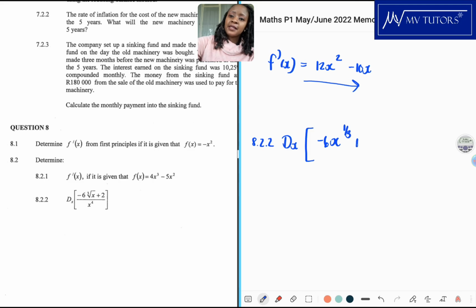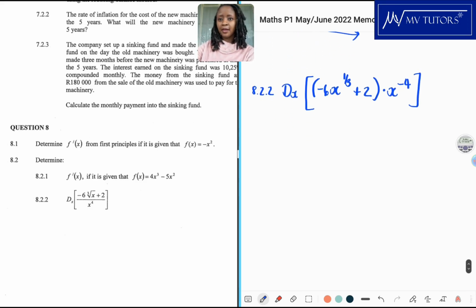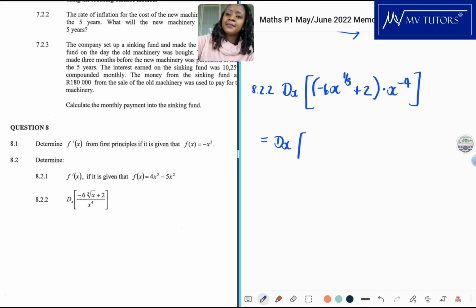And then we have plus 2, and all of that is divided by x to the power 4, which can be written as x to the power negative 4. Okay, we want to put everything in a straight line. Okay, so now we're going to multiply in that x to the negative 4.